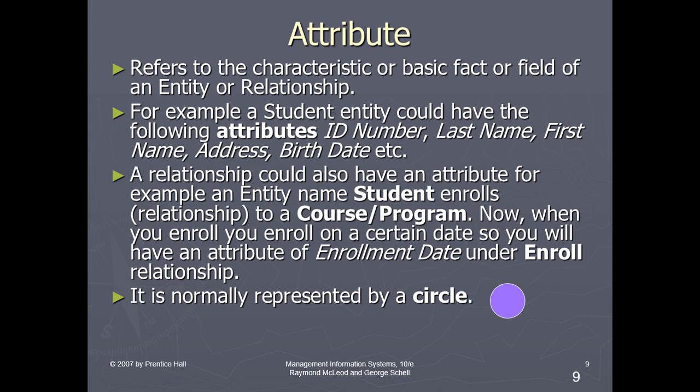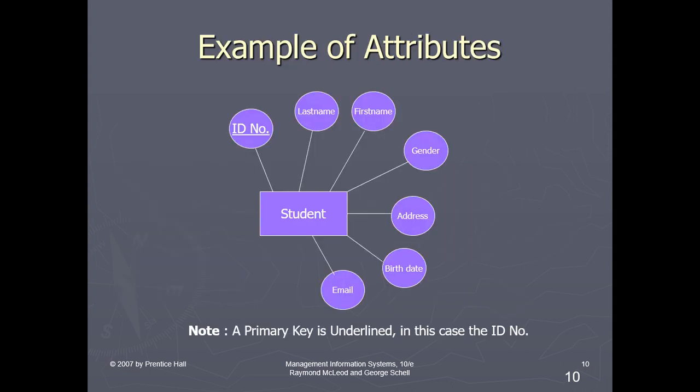So that's the attribute. A relationship could also have an attribute. For example, an entity named student enrolls relationship. I don't want to go too deep into this one. Okay? So it is normally represented by a circle. So the attribute's representation is a circle, like this one.